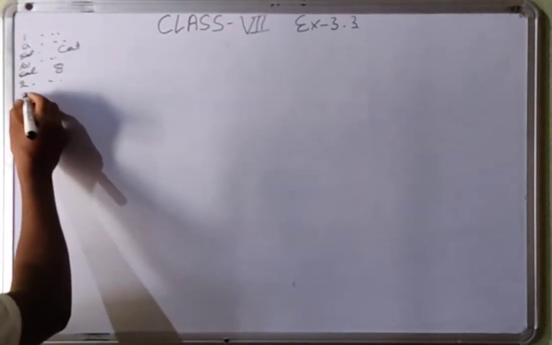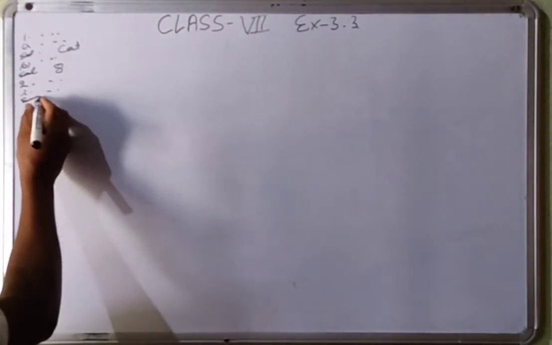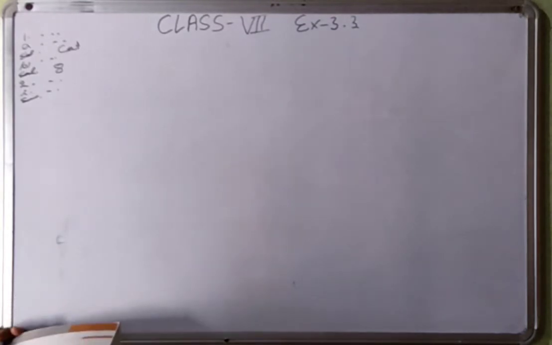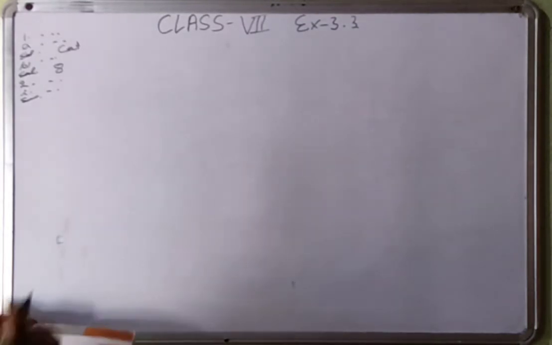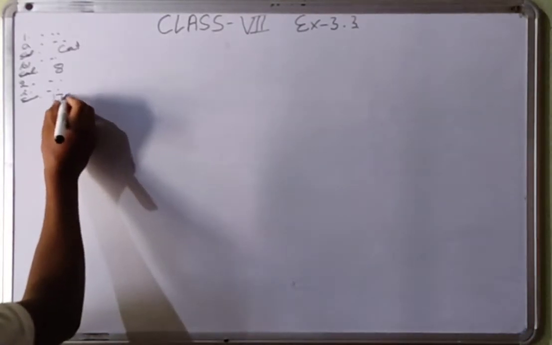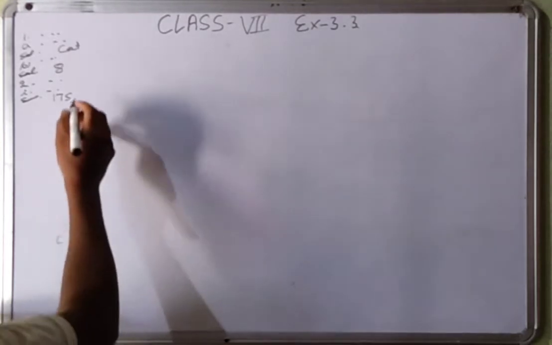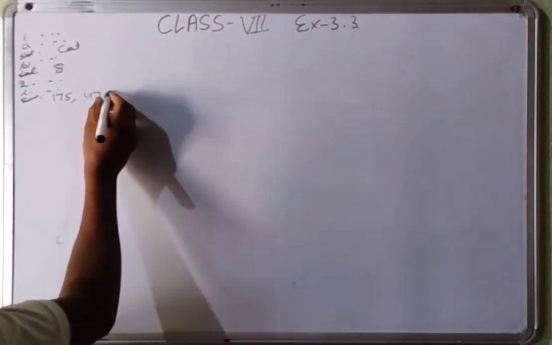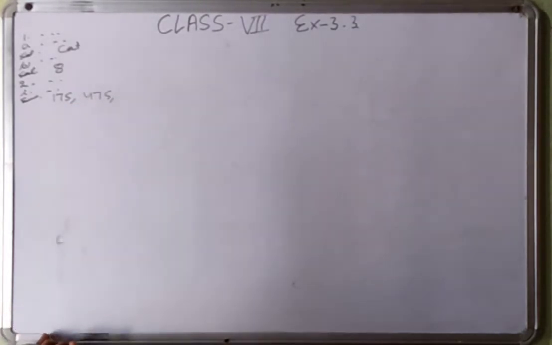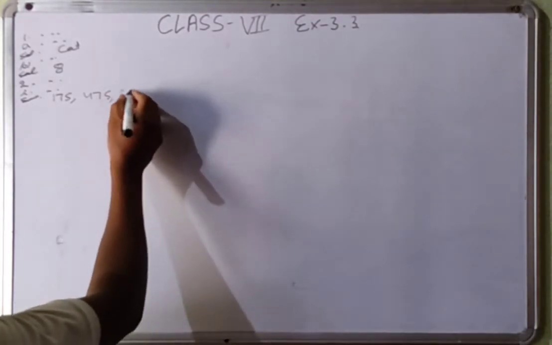So that first part, 1989, if you see in the graph, that will be 175, and then 1990 that will be 475, about this one, and then 1992 that will be 250.